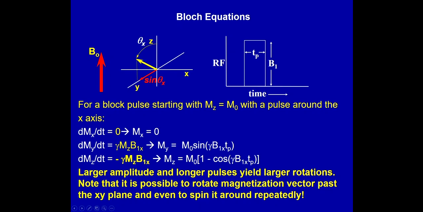And that angle is equal to gamma B1, that's how quickly, how many degrees per second this thing rotates, times the pulse length. And so we gain signal in X, and we lose signal in Z because the signal is coming out of Z and going into X. That's true for a small angle.